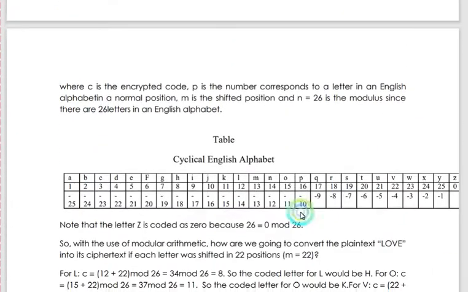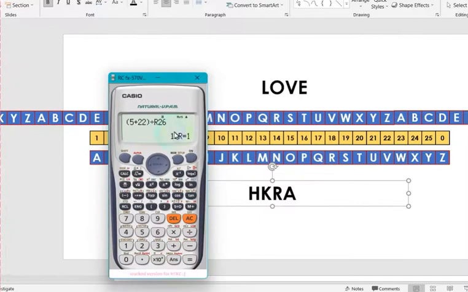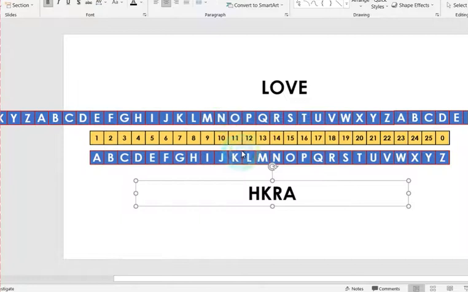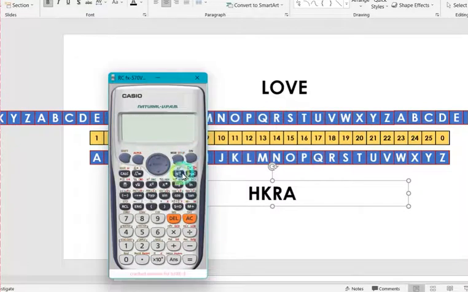So that is P plus M, so that is 12. Our M, or shift or movement, is 22. 12 plus 22 is 34. So 34 is our answer, divided by 26.